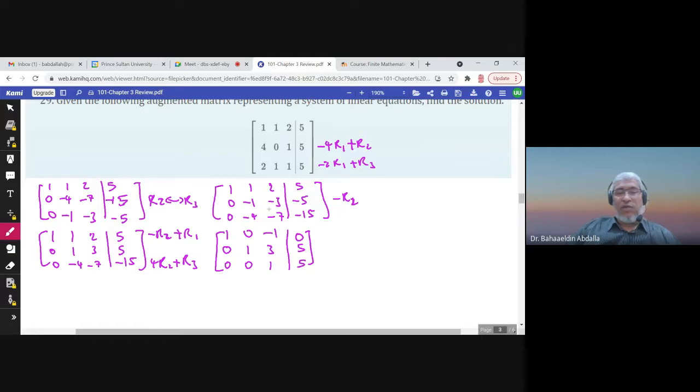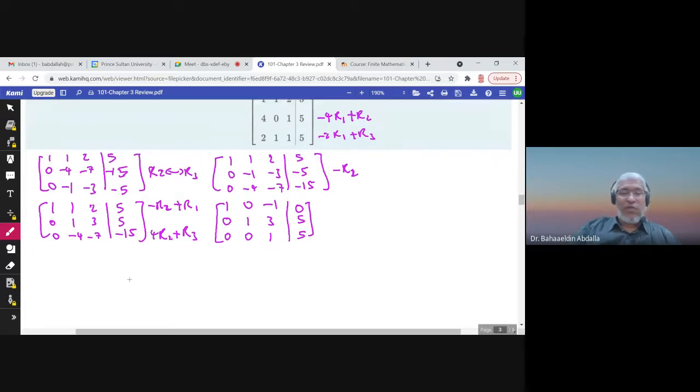This is correct. And here, negative 1, negative 3, negative 5, negative 4, negative 7, negative 15, good. So this is 1, 3, 5, negative 4, negative 7, negative 15. That's also good. And here, 4, 12 minus 7. Oh, 4 times 3, 12. Minus 7, that's 5, not 1.